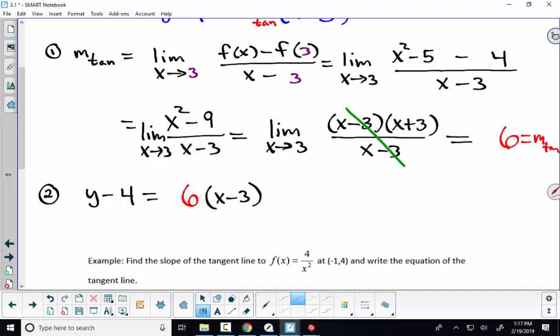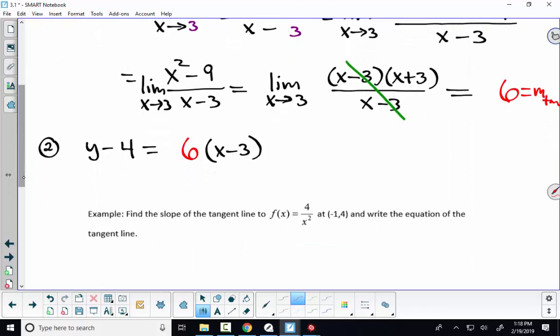A slope is always a number. Specifically when we get into the next section, often people want to put another function of x in for the slope of the tangent line, but the slope will always be a number. So that's the equation of our tangent line. If we wanted to write this as y equals, we could.